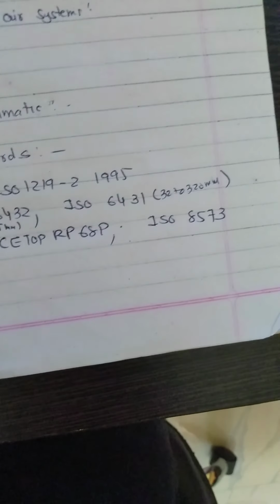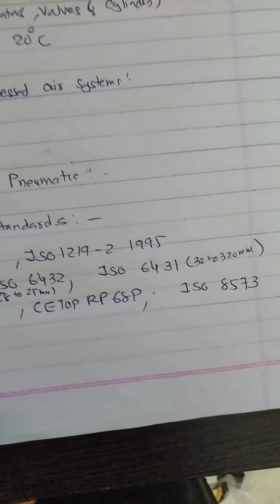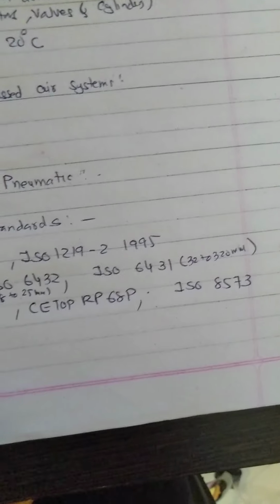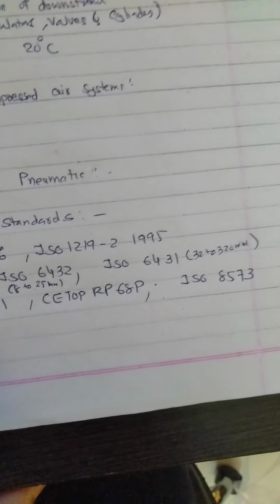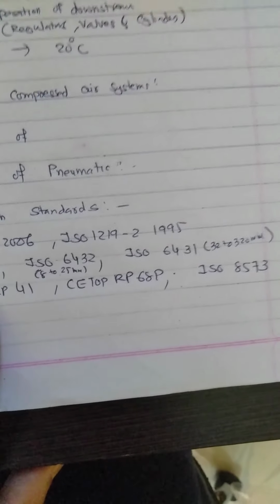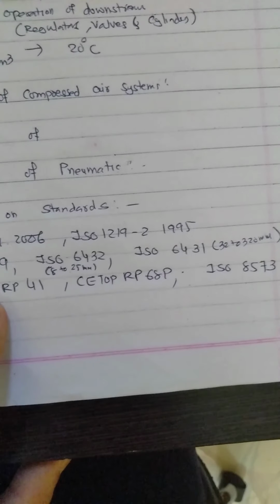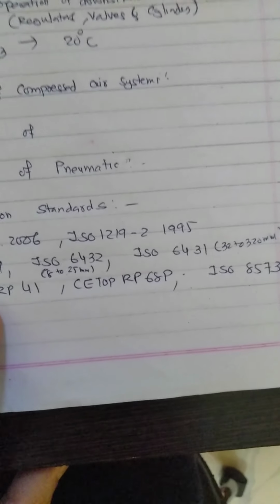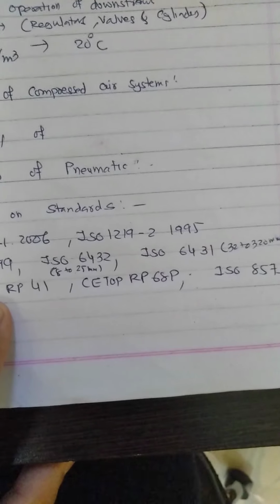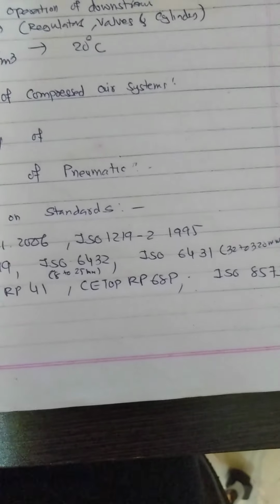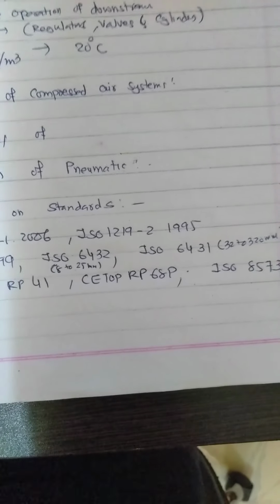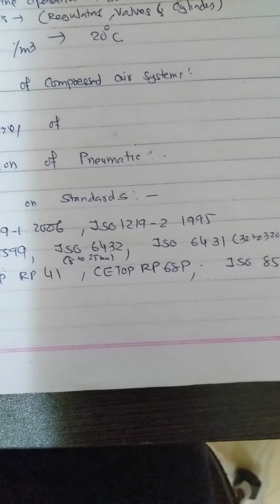Now what is CETOP? CETOP is the Comité Européen des Transmissions Oléohydrauliques et Pneumatiques, a federation of European manufacturers, which was involved in 1962 in the standardization of pneumatic and hydraulic components in cooperation with the users of these products. CETOP recommendations, numbered RP, are included in national and international standardization work.